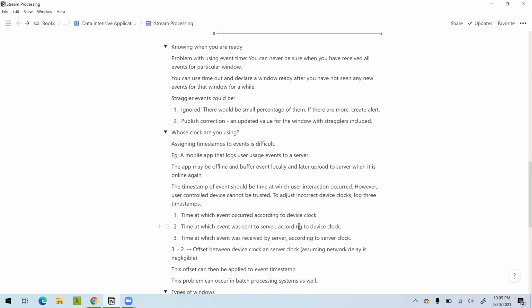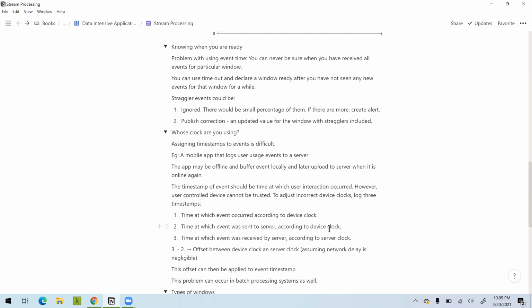And the time when the event was sent by my machine is my local machine time. So whatever my local machine time is when I sent the event, and whatever the server time is when it received it, that is the offset. Because that tells me that the server clock time says this and the device clock time says this.